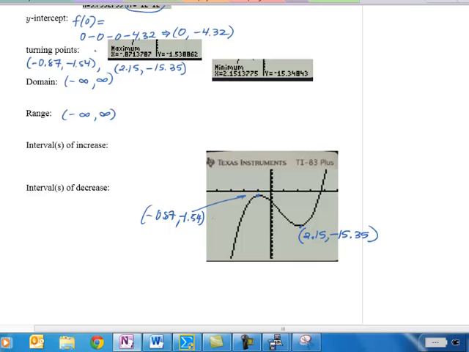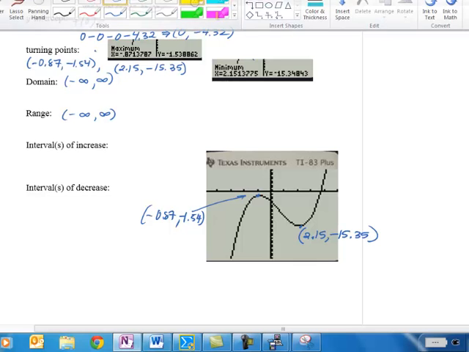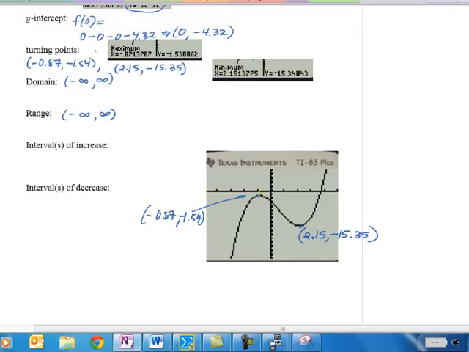So I'm going to highlight on the x-axis the places where the graph is going up first. So intervals of increase, it looks like we're going up, up, up, up, up until we get to that relative max point. Then we're going down for a while. And then once we hit this relative min point at 2.15, we're increasing again.